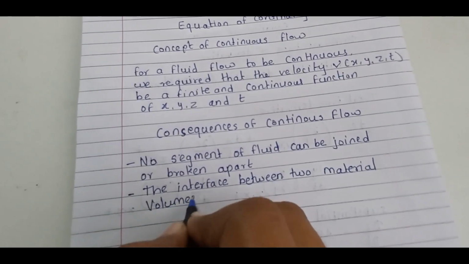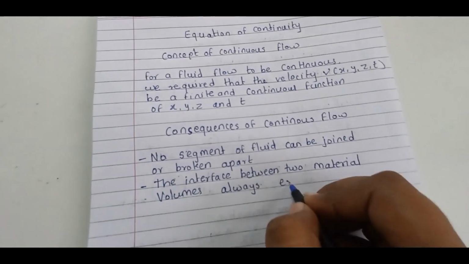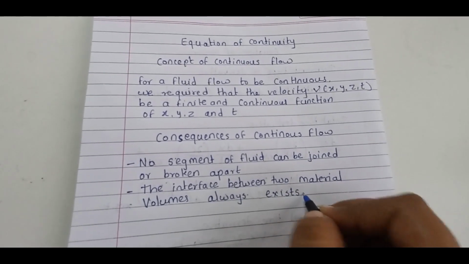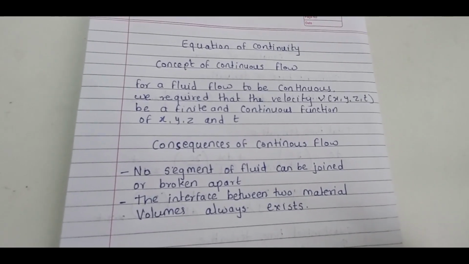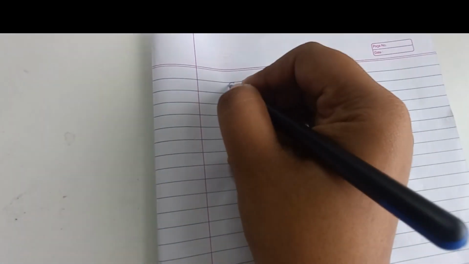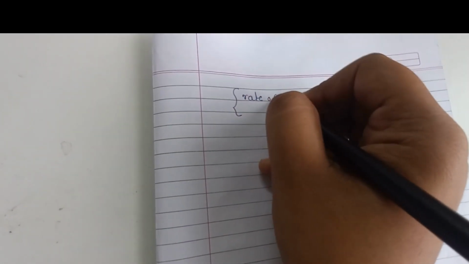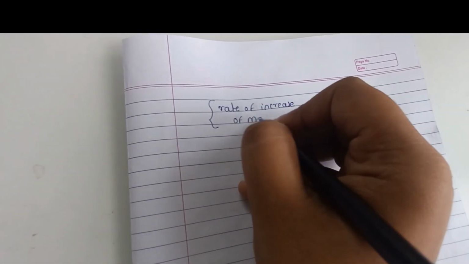Thus, we can come to know how the fluid is moving through a circular pipe, through a circular cross section. Then we can apply the formula for the equation of continuity, that is, rate of increase of mass is equal to rate of mass in minus rate of mass out.